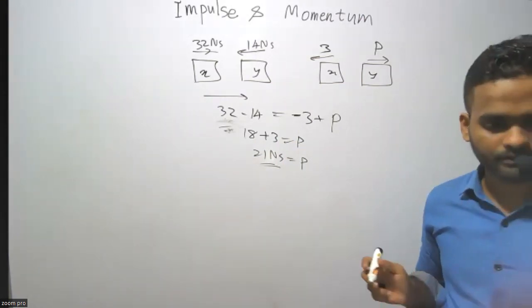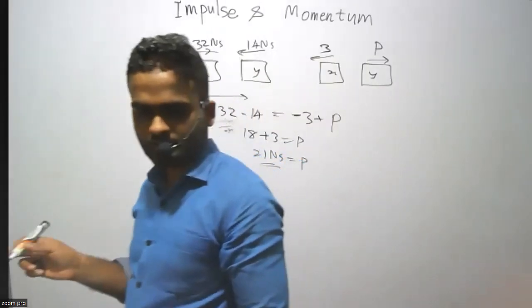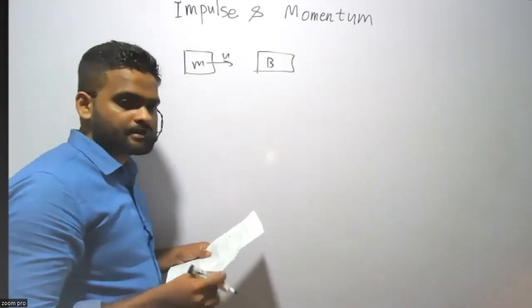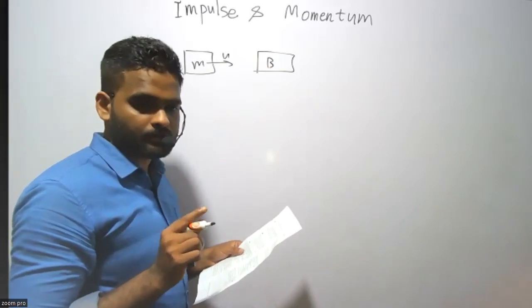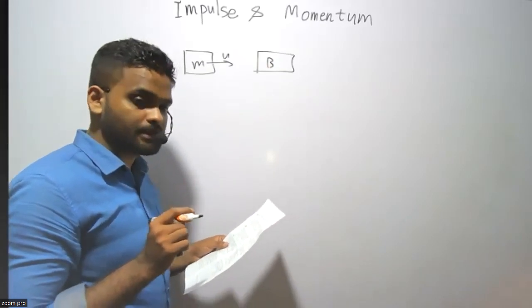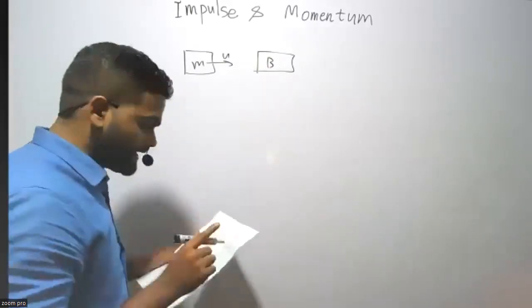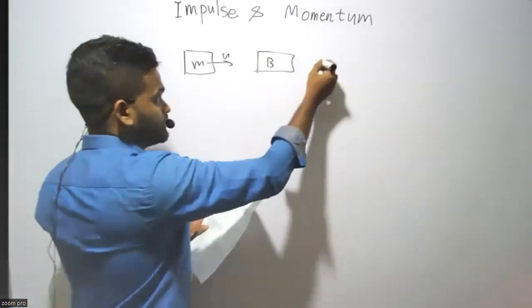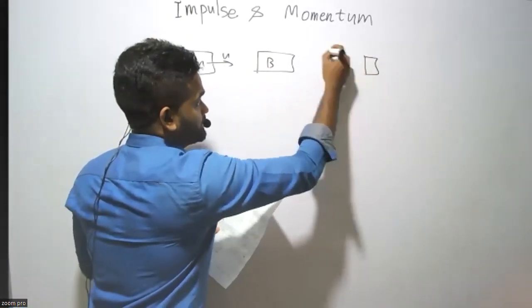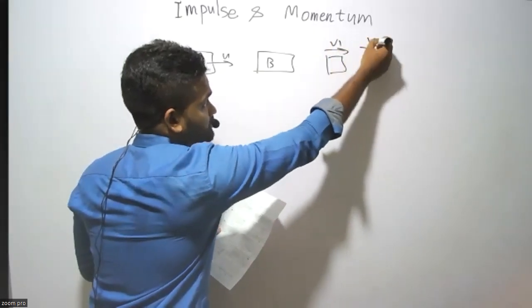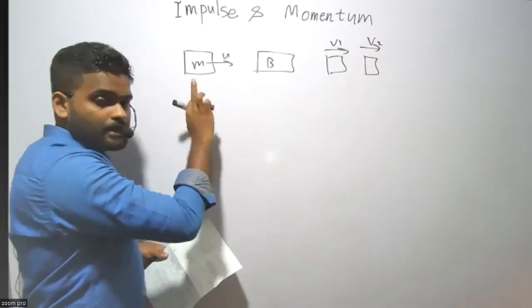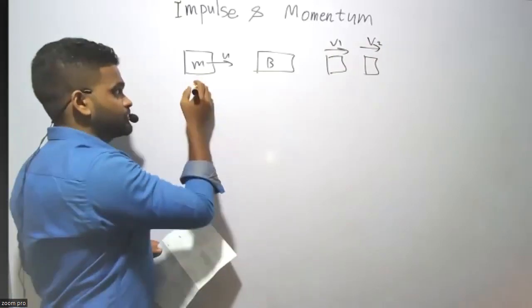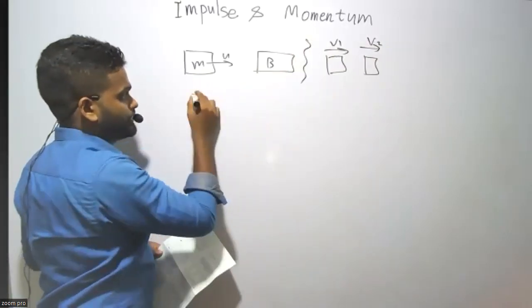Okay, then try 14. So they say this is perfectly elastic, right? What does it mean? So after collision, let's say they get v1 and v2 velocities. You can apply momentum conservation. So if you apply momentum conservation, what do you get?